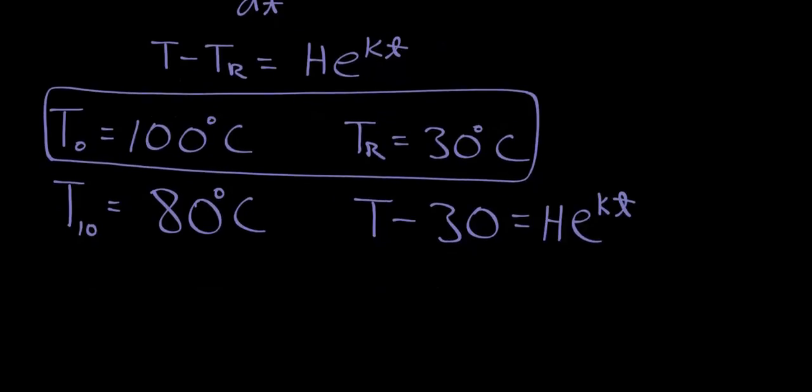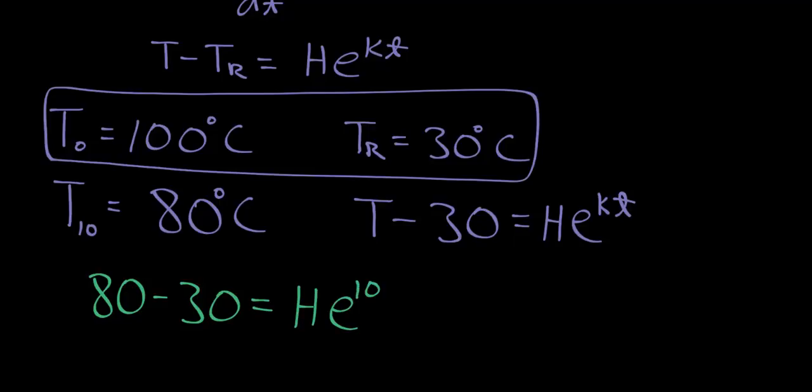Now, we know that after 10 minutes the temperature is 80 degrees Celsius. So after 10 minutes, we've got 80 minus 30 equals H e to the 10K.